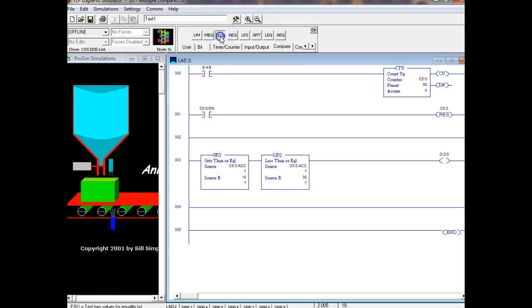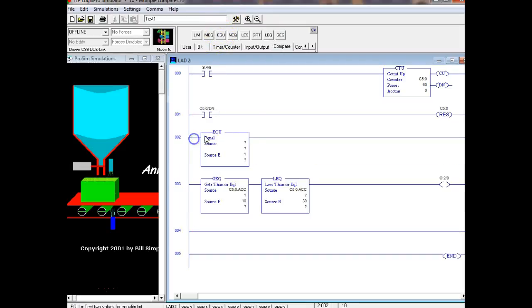So these are considered to be what? Input or output instructions? So how many we got? Four or five?